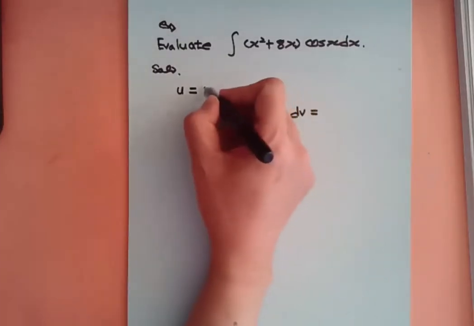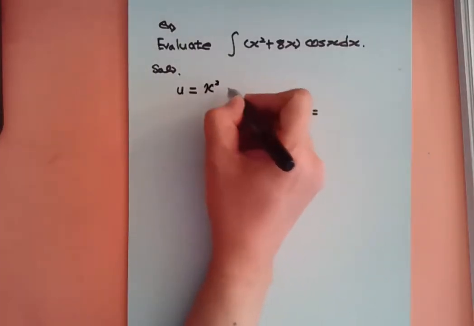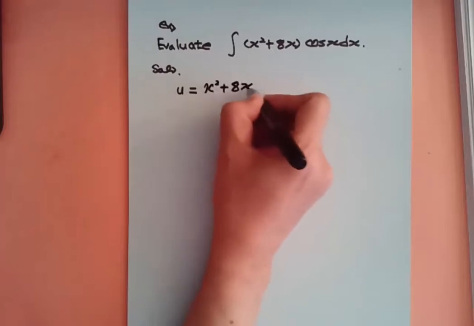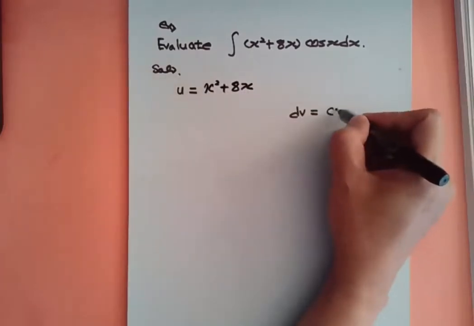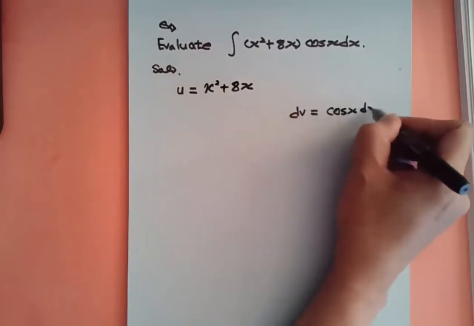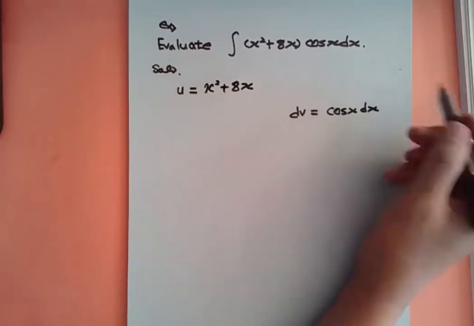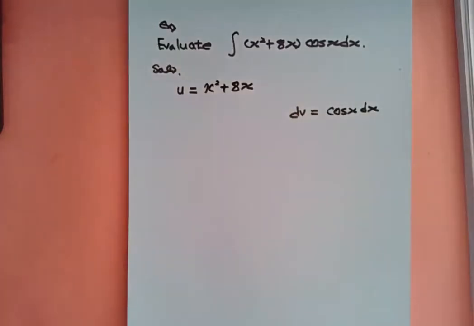So we will put u equals x squared plus 8x, and we get cosine x dx as dv. When we integrate that, it is not a complication, because it will be just a sine function.